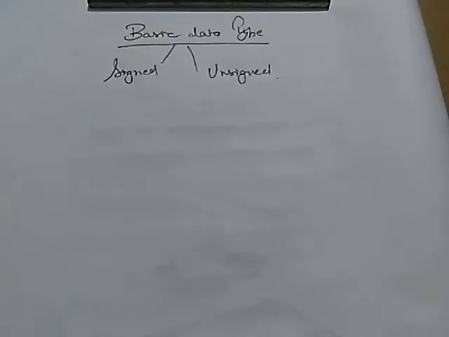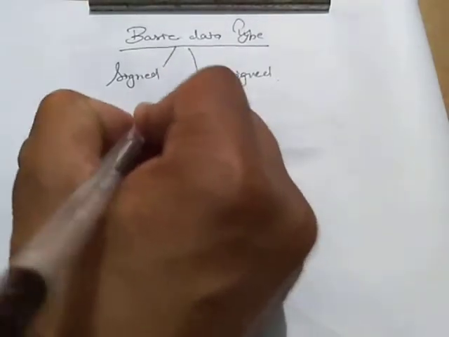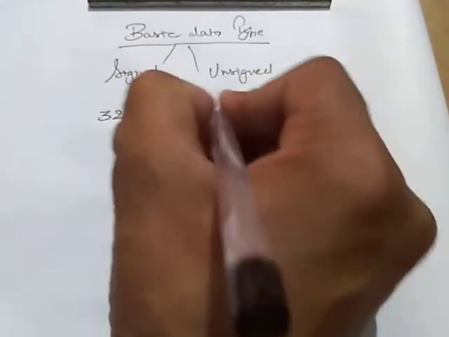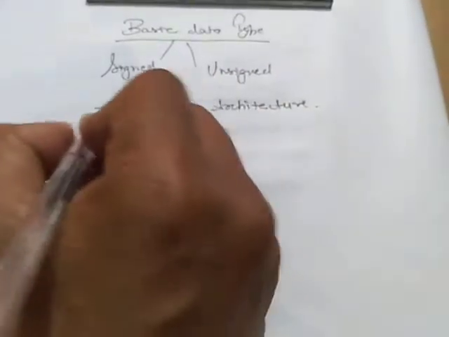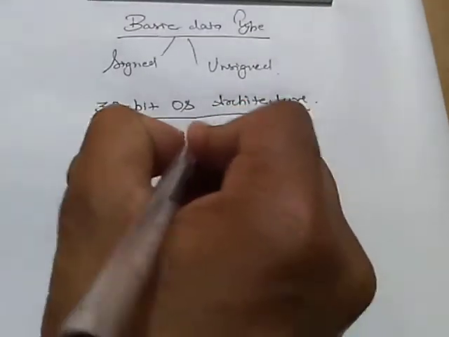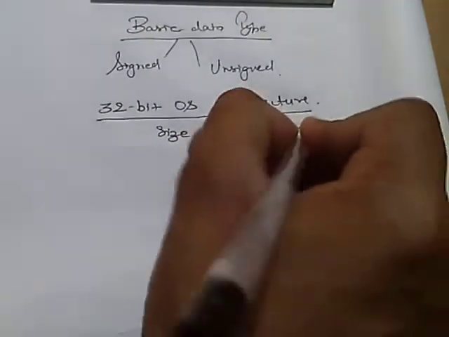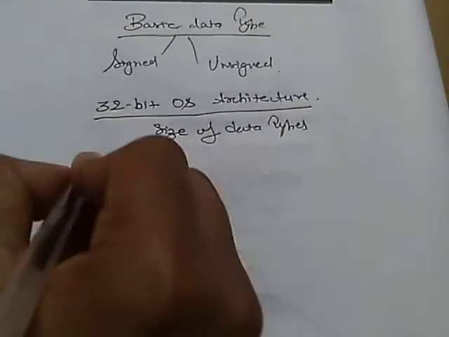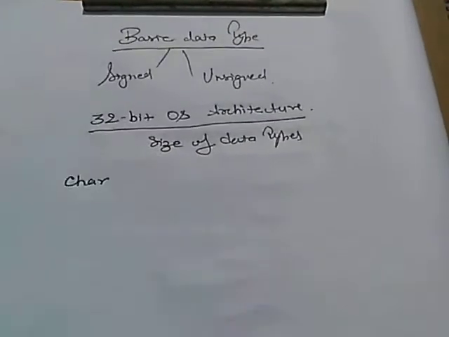Now here I am providing you the 32-bit operating system architecture size of data types. Now we have the character data type.